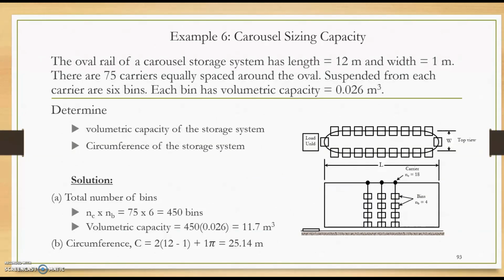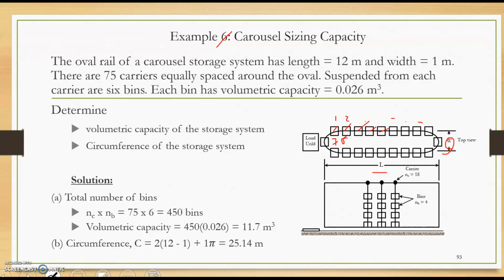This is example 5, carousel sizing capacity. The question is, the overall carousel storage system has a length of 12 meters and a width of 1 meter. There are 75 carriers, so these are carriers 1, 2, 3 until 75, equally spaced around the oval.